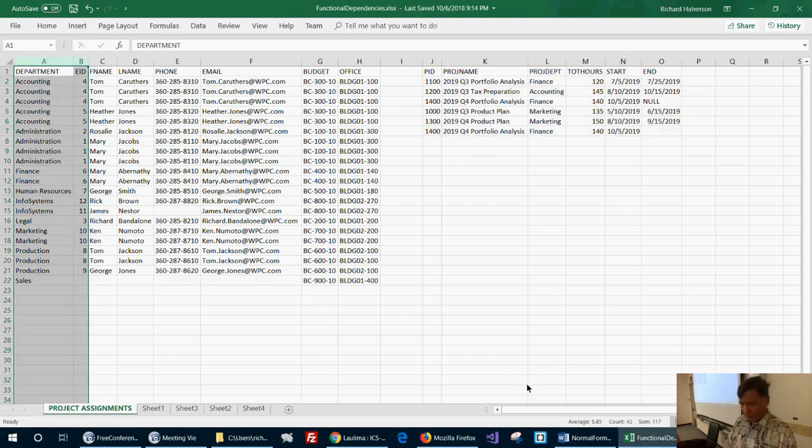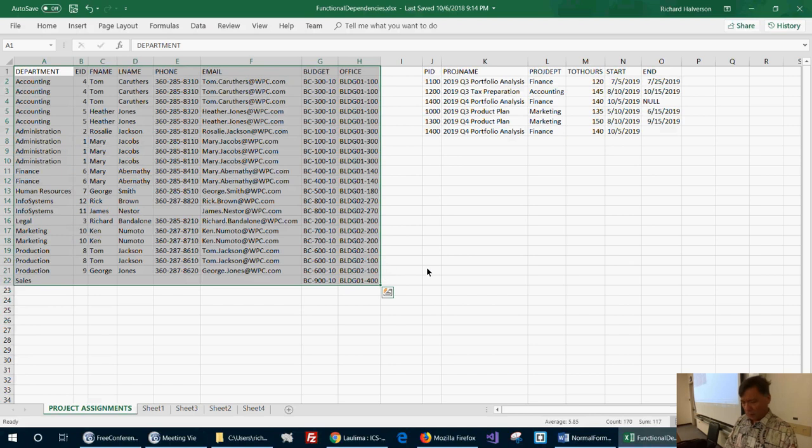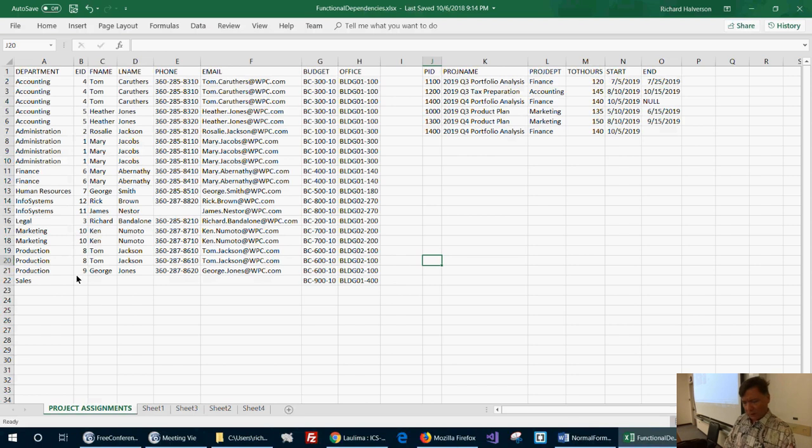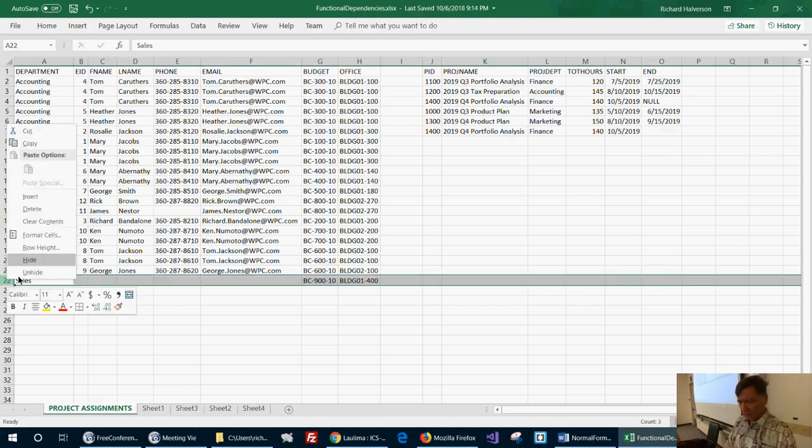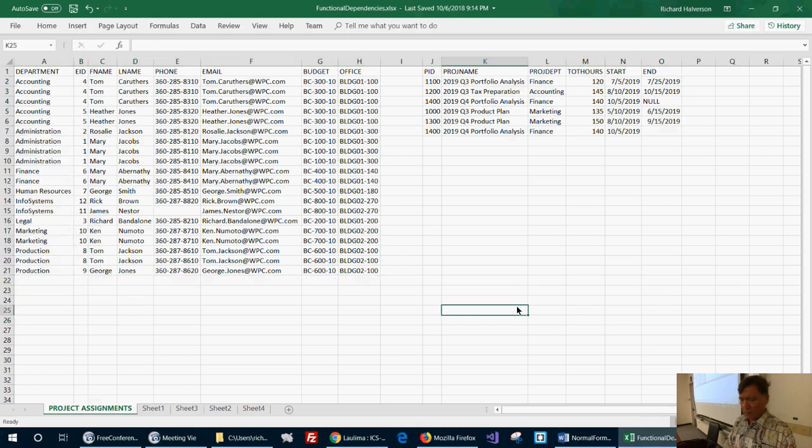Okay, so yeah, this would be the primary key because it's department and employee. If I take the department out of here, I just end up with employee. All right, so this is not a good example here either, because we've got sales here. Let's just take sales out of here for the moment.